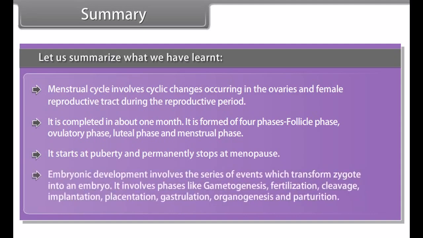It starts at puberty and permanently stops at menopause. Embryonic development involves the series of events which transform zygote into an embryo. It involves phases like gametogenesis, fertilization, cleavage, implantation, placentation, gastrulation, organogenesis, and parturition.